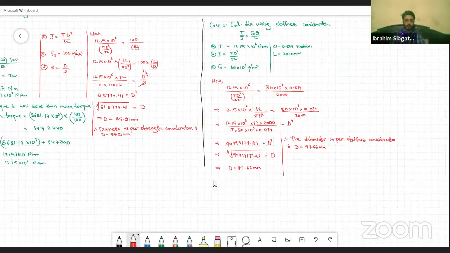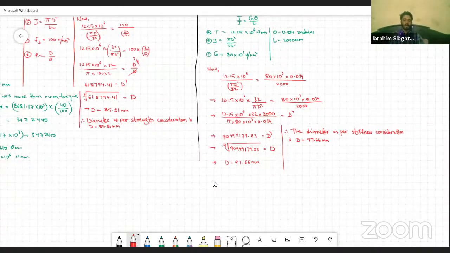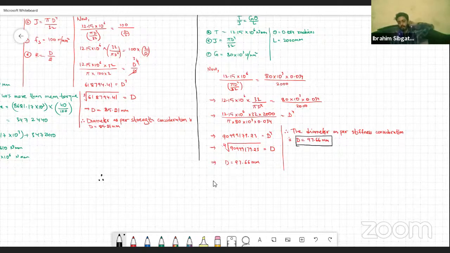So we have one diameter as 85.21 and the other diameter is 97.66. Now from these two, what diameter will be the strongest one? I mean, when the shaft uses which diameter, it will be the strongest? This one, 97.66. If the diameter is 97.66 mm, then that will be the safe diameter of the shaft.